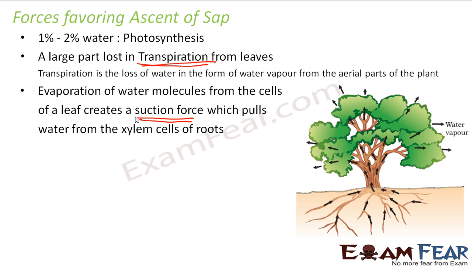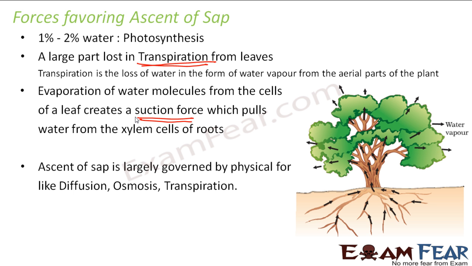This suction force favors the ascent of sap, enabling water to move upward against the force of gravity. So we can say that ascent of sap is largely governed by physical processes like diffusion, osmosis and transpiration. All these processes together favor this phenomenon.